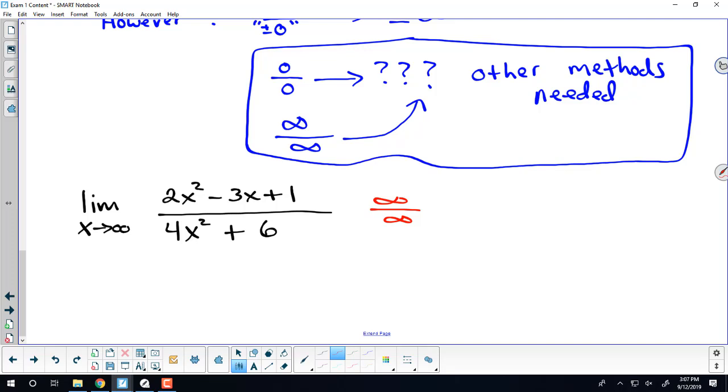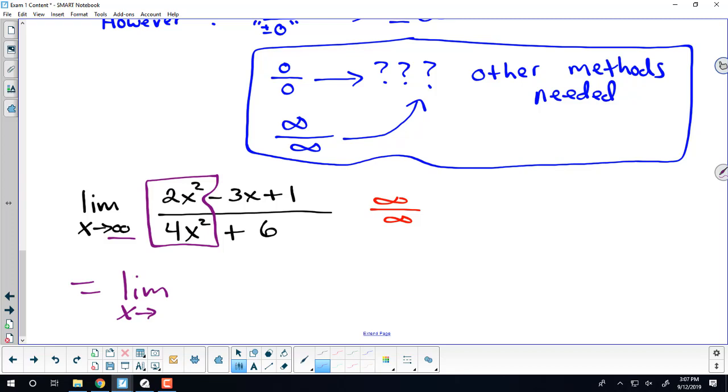But the limit is actually just 1/2, because limits at infinity mean that all I need to do is look at the leading terms in the numerator and the denominator. So that's a case where infinity over infinity. And you can see how infinity over infinity could be any value. All I have to do is change these numbers. This could be A and this could be B. Infinity over infinity is A over B. You give me an A and a B, and it's always different.